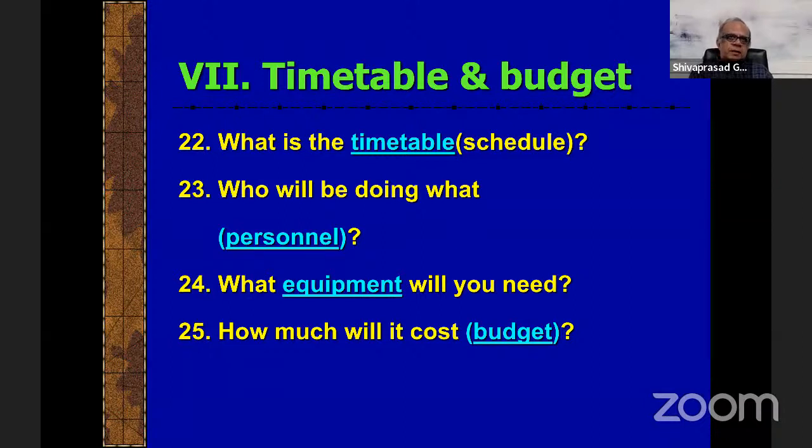So on step 7, there are 4 questions that we need to think about. What's the timeline? Who are the people who are going to be involved in the whole design, implementation, analysis, and reporting of the study? What kind of equipment will be needed? And of course, how much is it going to cost?